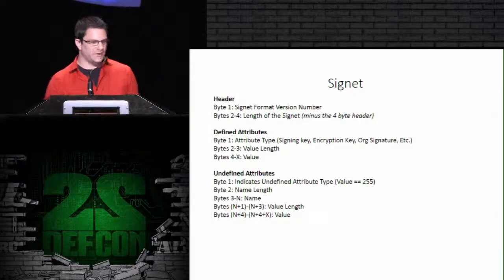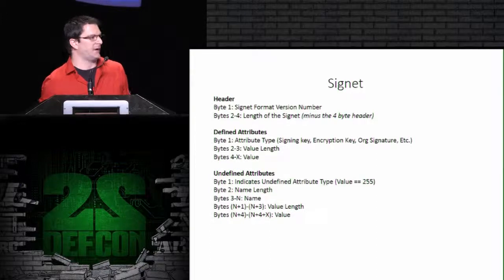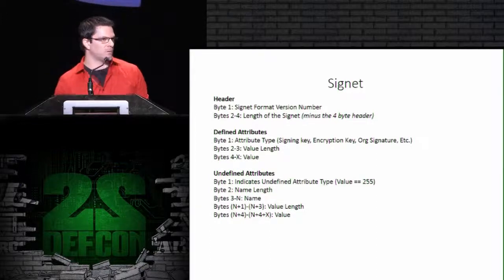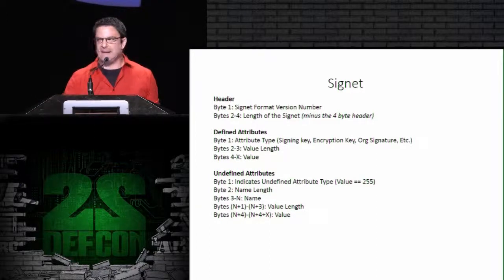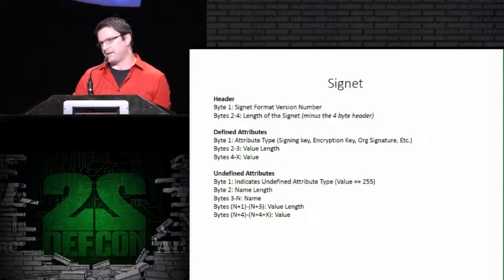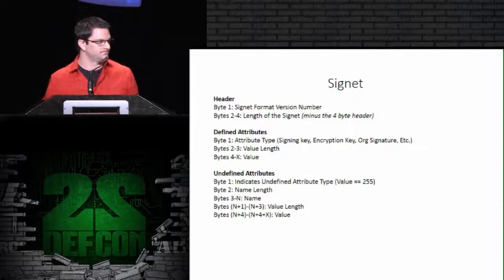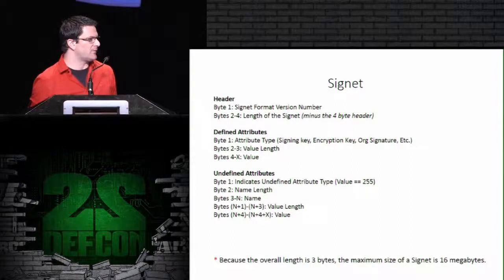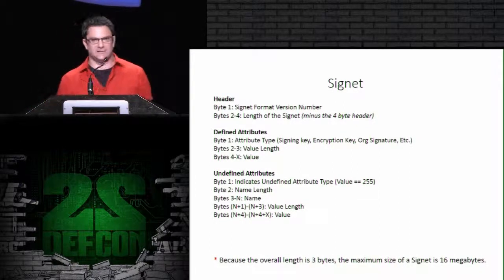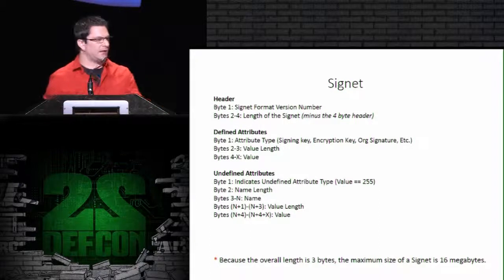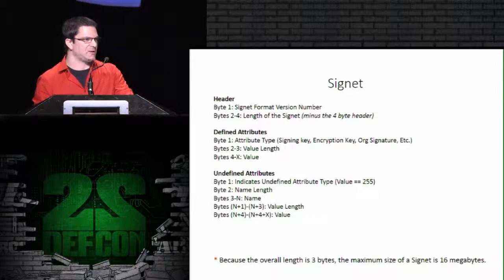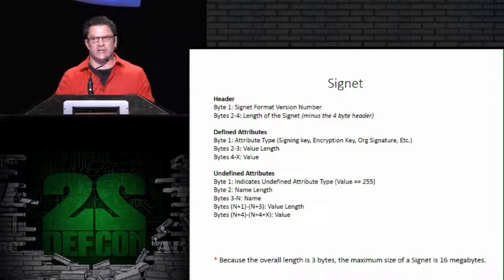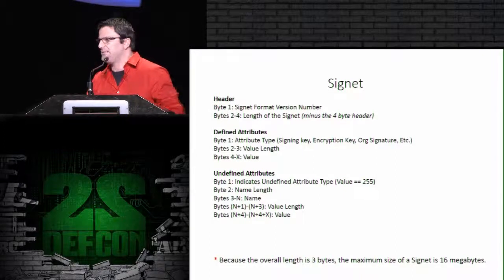So we leave open the possibility of creating undefined attributes, where you actually provide the name of the attribute and the value. Now, because the overall length parameter is 3 bytes, we've got an effective technical limit here of 16 megabytes for a signet. Please don't make your signet 16 megabytes.